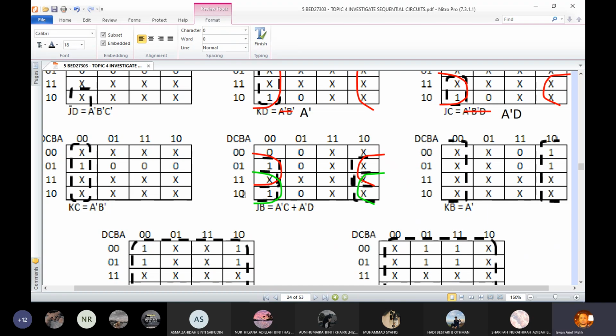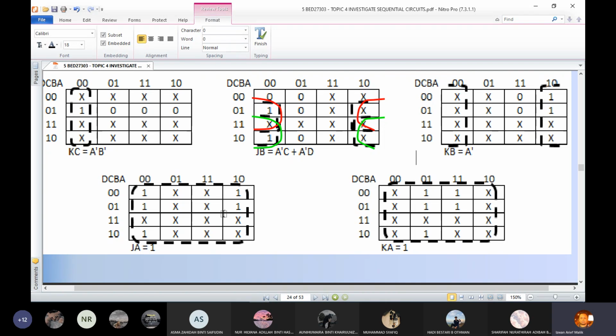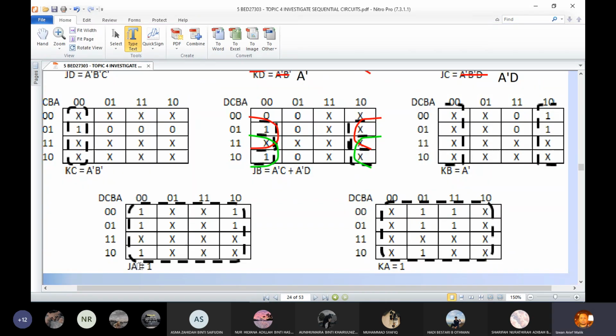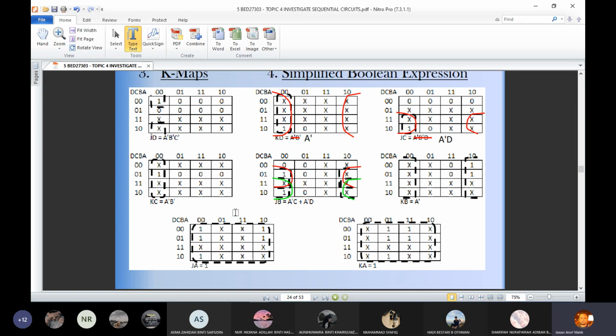Okay, B, C berubah, B berubah, A tak berubah. So A bar C plus A bar D. Alright, then for KB, you can group them with 1, 2. Okay, so ada 2, 1 dan jadikan di group 8. You will get A bar. B berubah, C dengan D obviously berubahlah sebab 4 petak. JA adalah 1 dan KA adalah 1 sebab it can group all of them together.